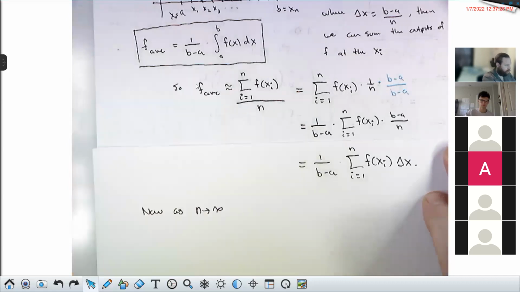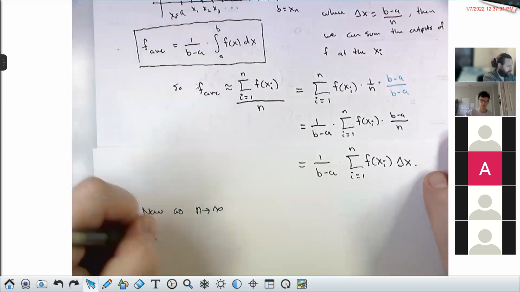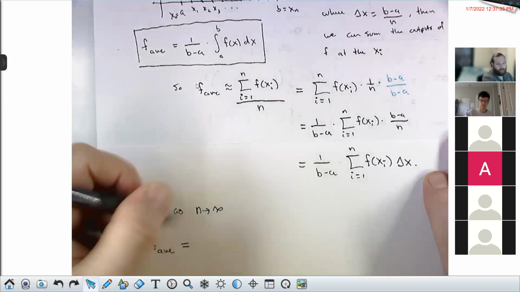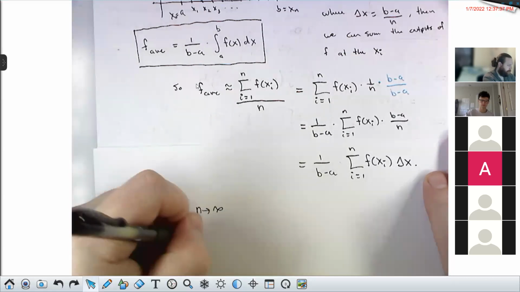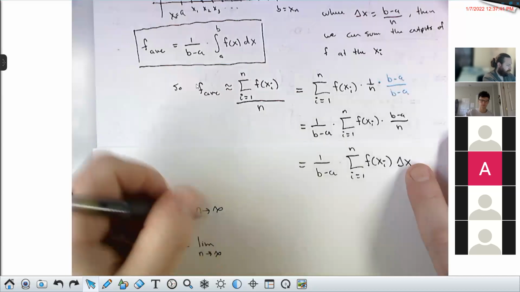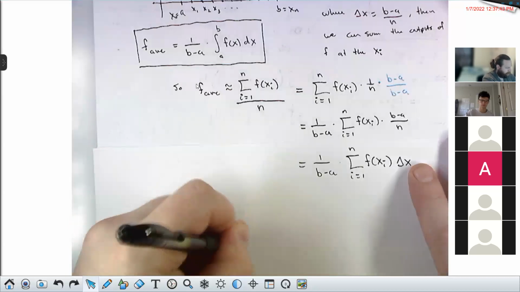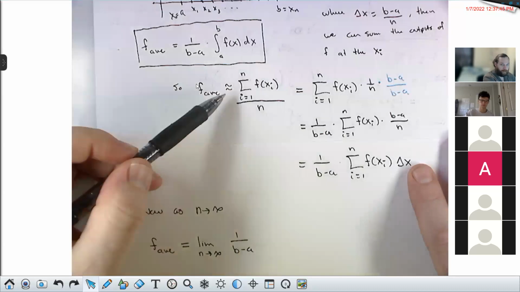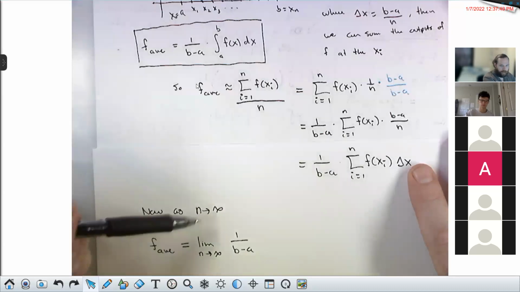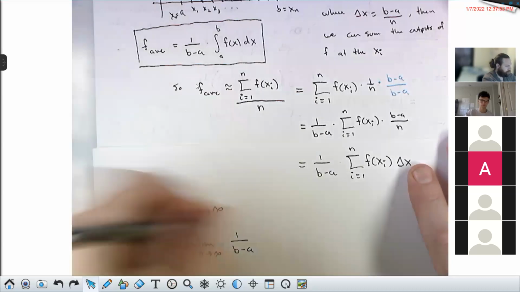Now, as n goes to infinity, f average is equal to the limit as n goes to infinity of this expression. The approximately equal to becomes exactly equal to, because now I'm actually looking at infinitely many sample points. I'm going to get them all.